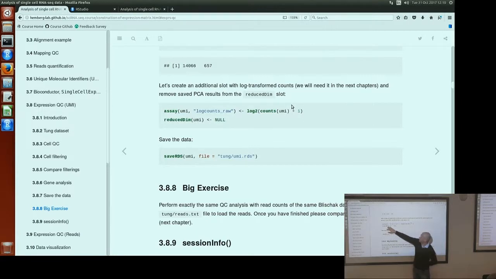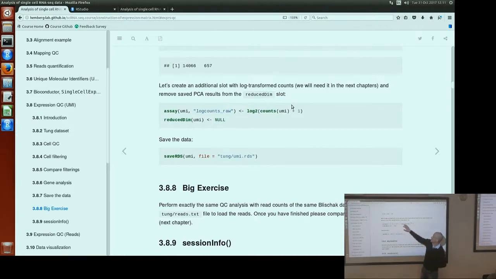After we did the PCA, it actually recorded the results of the PCA in the reduced dimension slot, so we want to make it null as well, because we'll be using other PCAs in the next chapter. Then we can save it to this file on your hard drive.